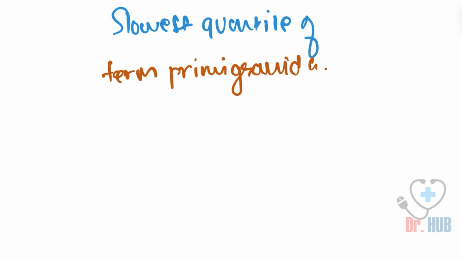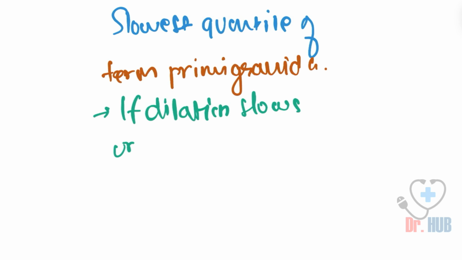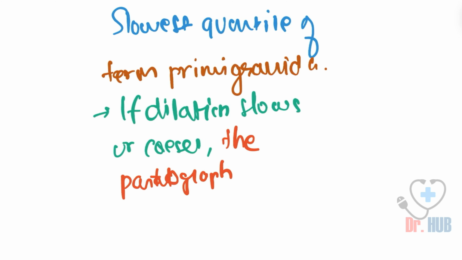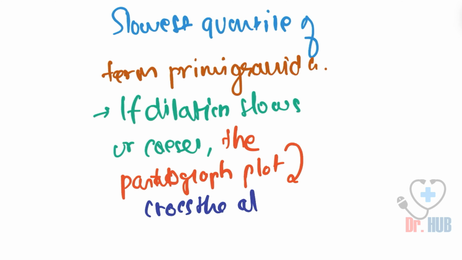If dilation slows or ceases, the partogram plot will cross the alert line.